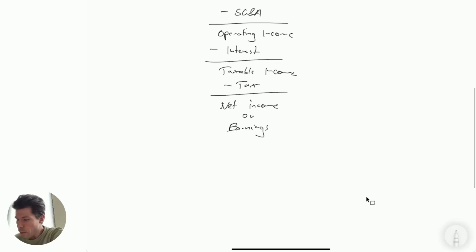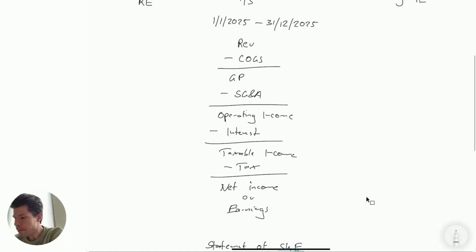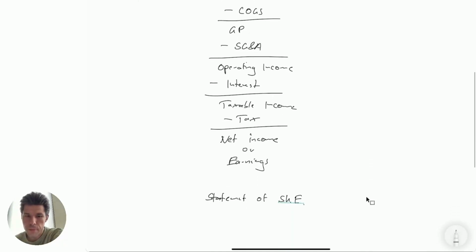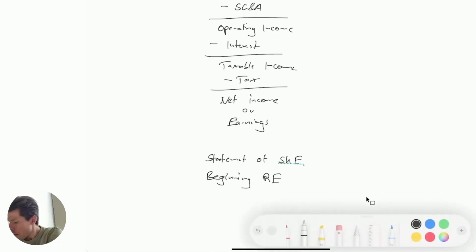Then we look at the statement of shareholders' equity. And again, the statement of shareholders' equity covers a period of time, similar to the income statement, from the beginning of the year to the ending. And your statement of shareholders' equity always starts with beginning retained earnings. And this is the first connection that we have.